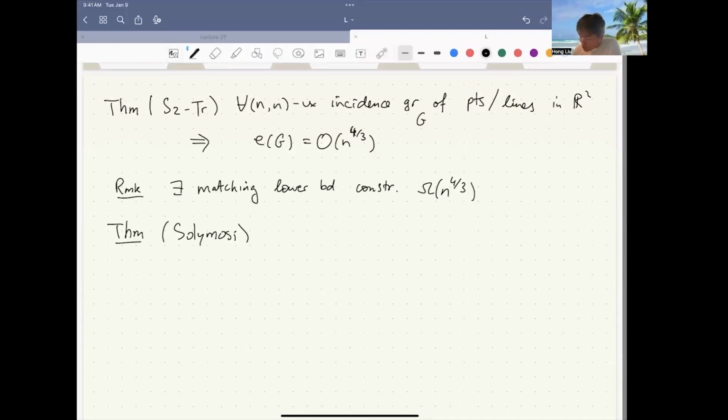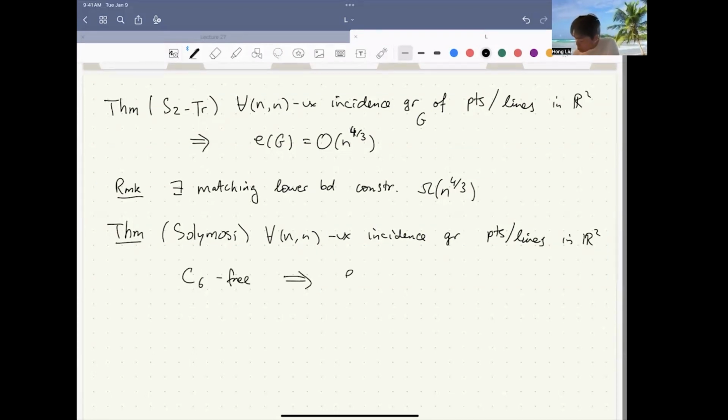They proved that if you have the C6-free condition, so you have an incidence graph of points and lines in R2, the C6-free condition will imply that the number of edges of this graph G is little o of n to the 4/3.